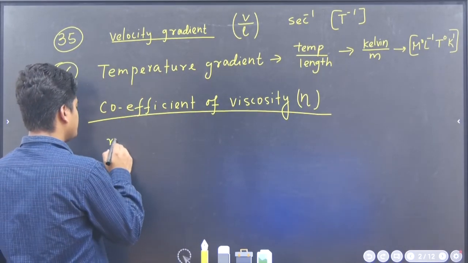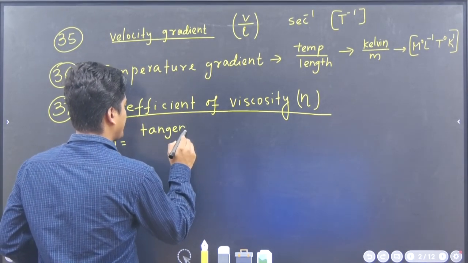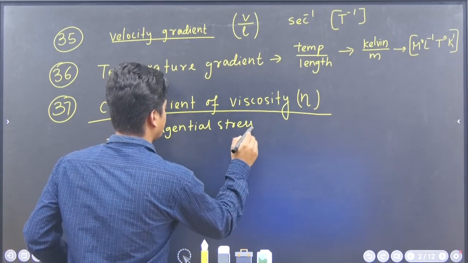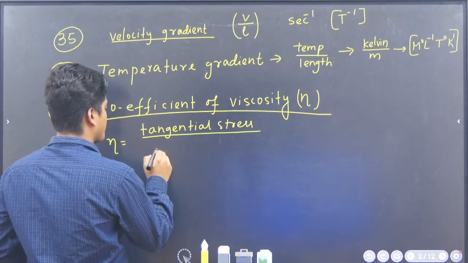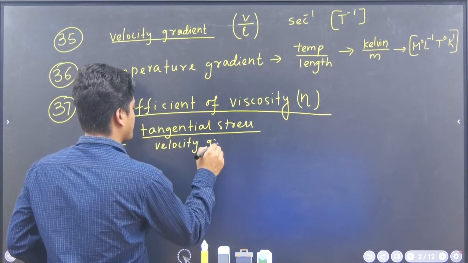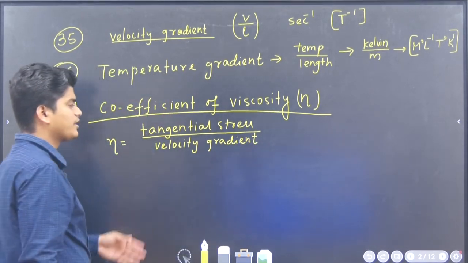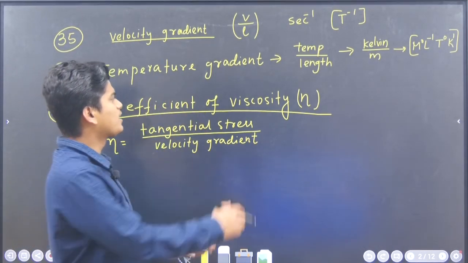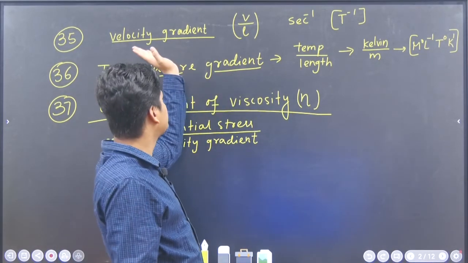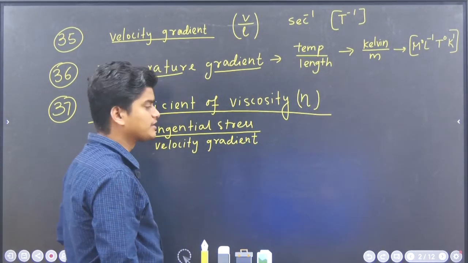This eta formula is tangential stress divided by velocity gradient. Just now you understood what velocity gradient is. Not only velocity gradient: whenever the word gradient comes with a physical quantity like temperature or velocity, it will be velocity by length or temperature by length.